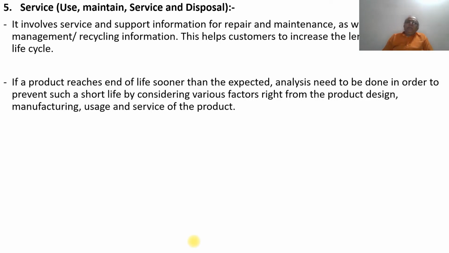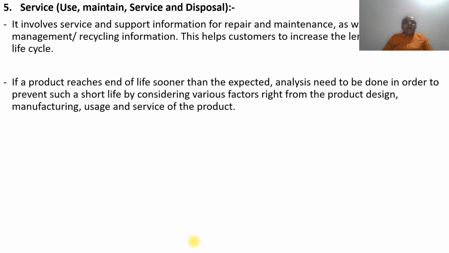Once the product has been sold to a particular customer, the problem does not end there. The problem starts from there. The company does not benefit only by selling the product; the company benefits by doing the service or maintenance.